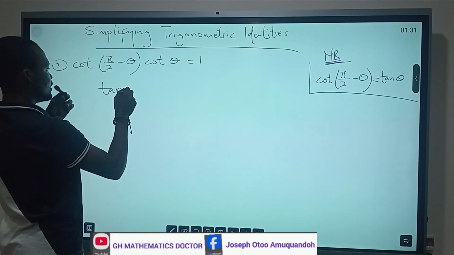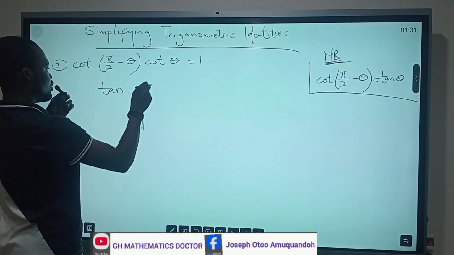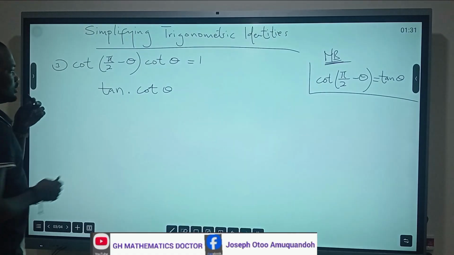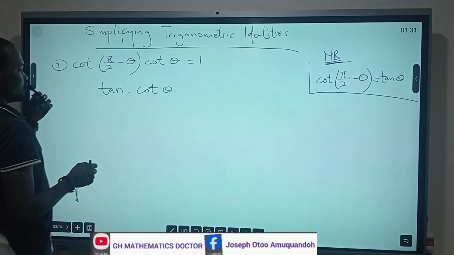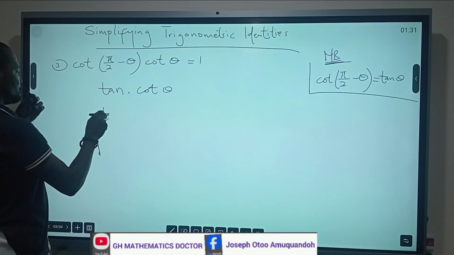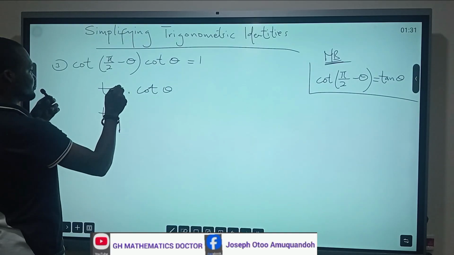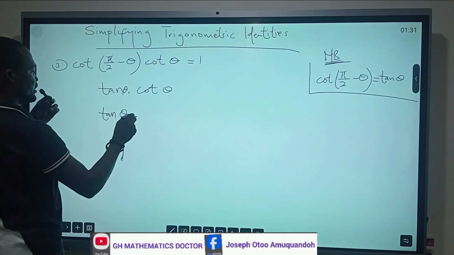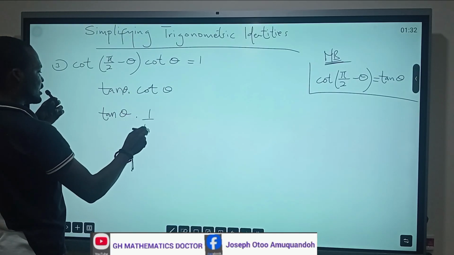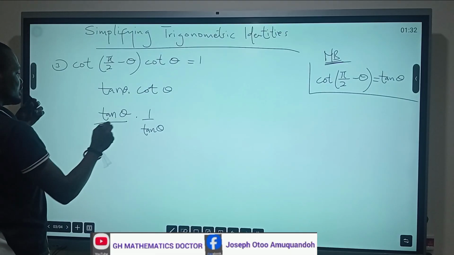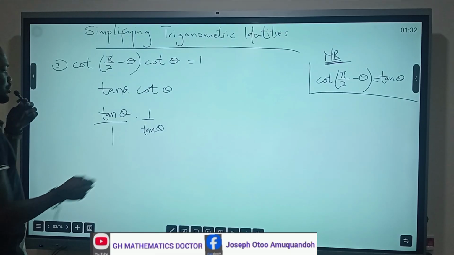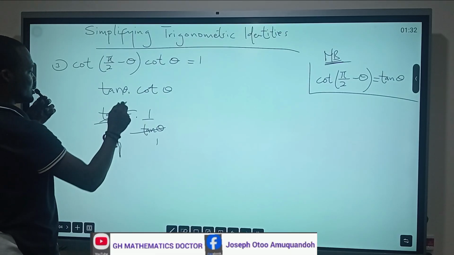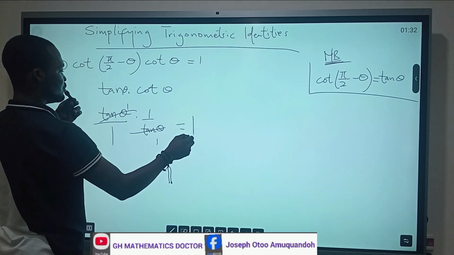So tan theta multiplied by cot theta. We know cot theta is 1 over tan theta, so we are going to replace cot theta by 1 over tan theta. When we cancel out, we are going to get 1. So the answer is 1, which has been proven.